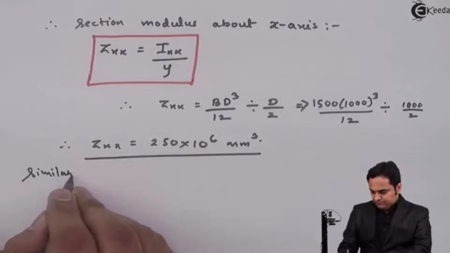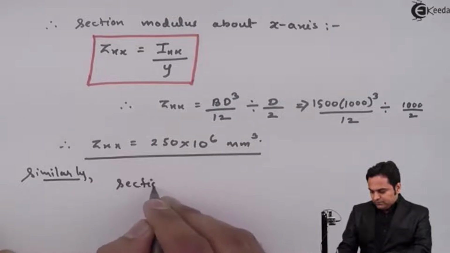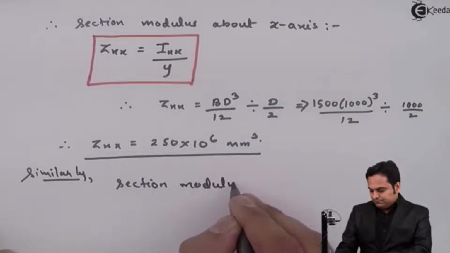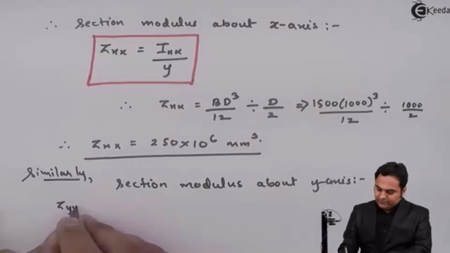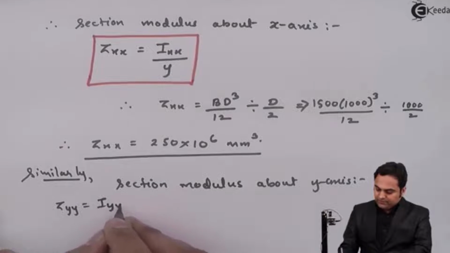Similarly, section modulus about the y-axis, that is Zyy, is equal to Iyy upon y.